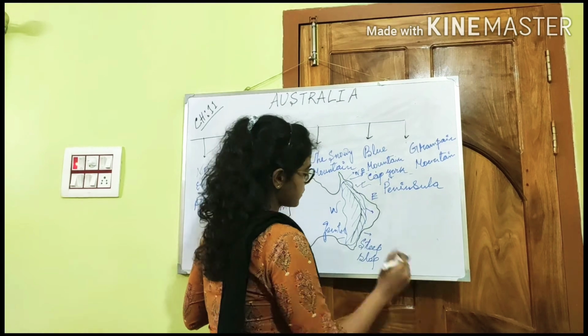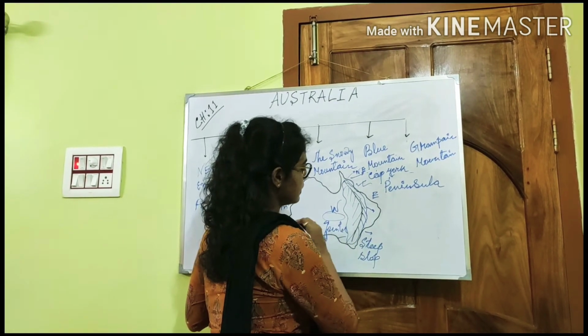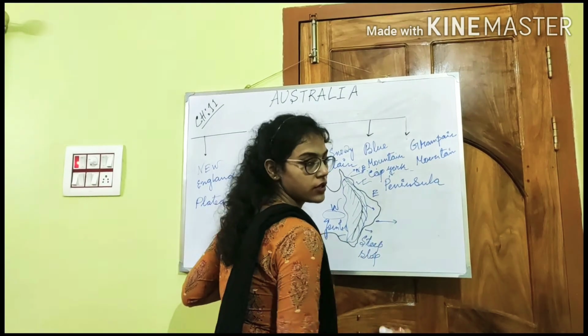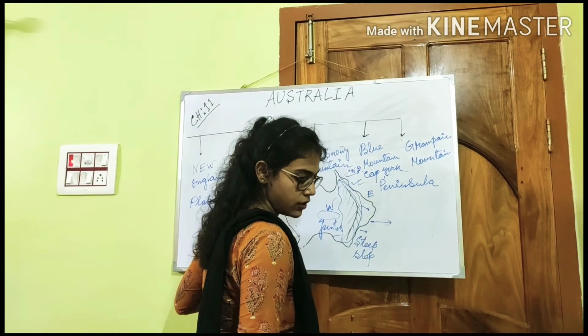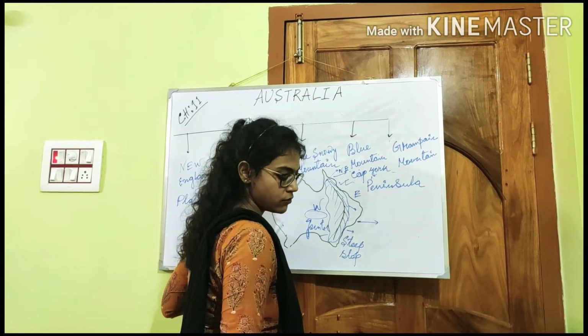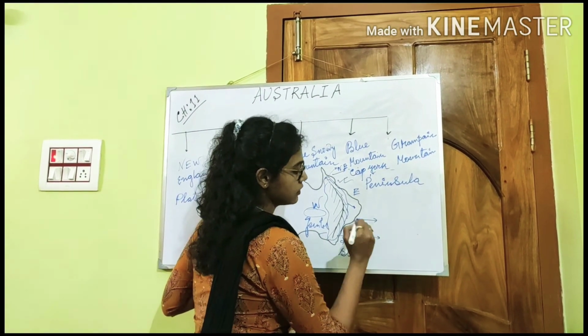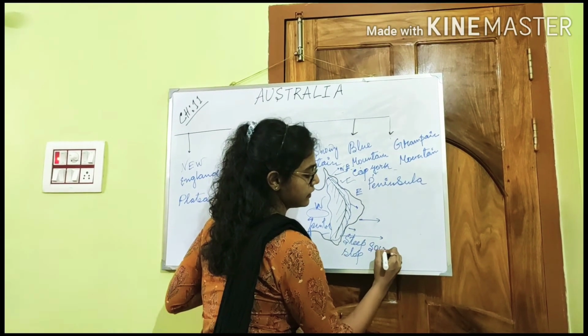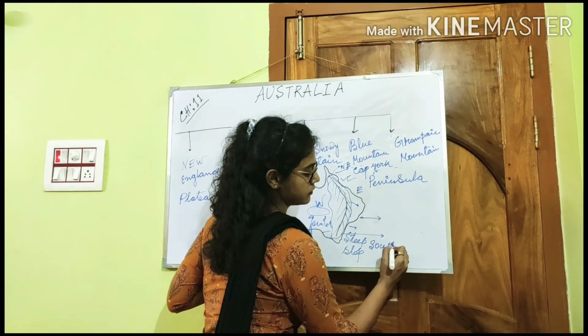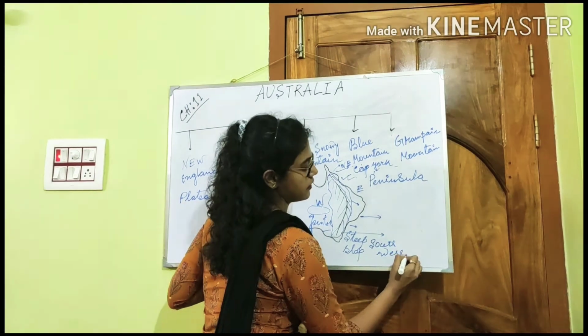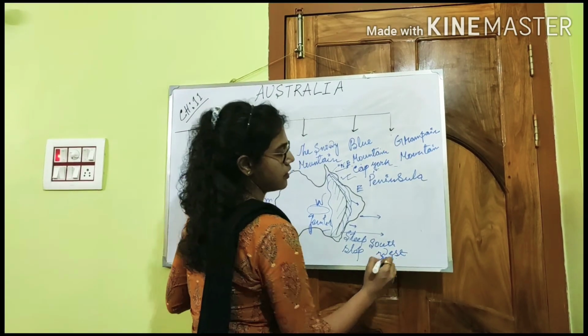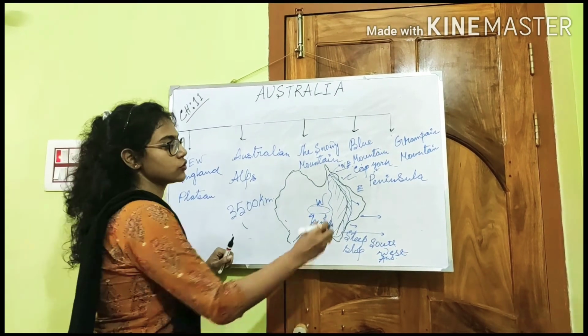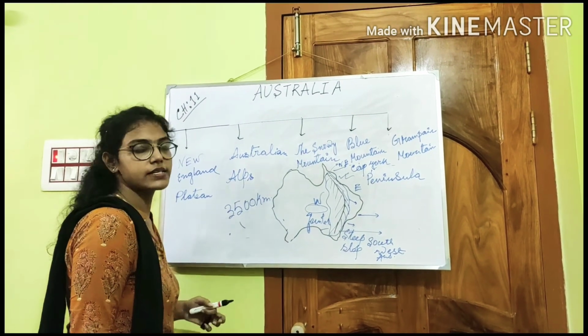And it ends at the Central Lowland, in the west side, up to the southwest Australia portion. So from north to that side it ends.